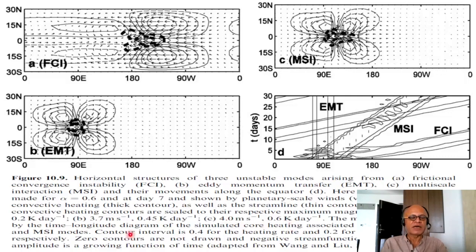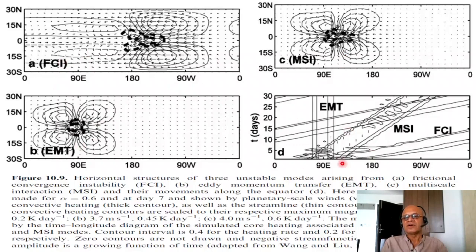The movements are shown by the time-longitude diagram of the simulated core heating associated with the FCI, EMT, and MSI modes. So essentially, you are looking for the quadrupole structure again, and you can see which one dominates the Kelvin wave structure versus the Rossby wave structure. It depends on which mode dominates, the FCI, EMT, or the MSI.